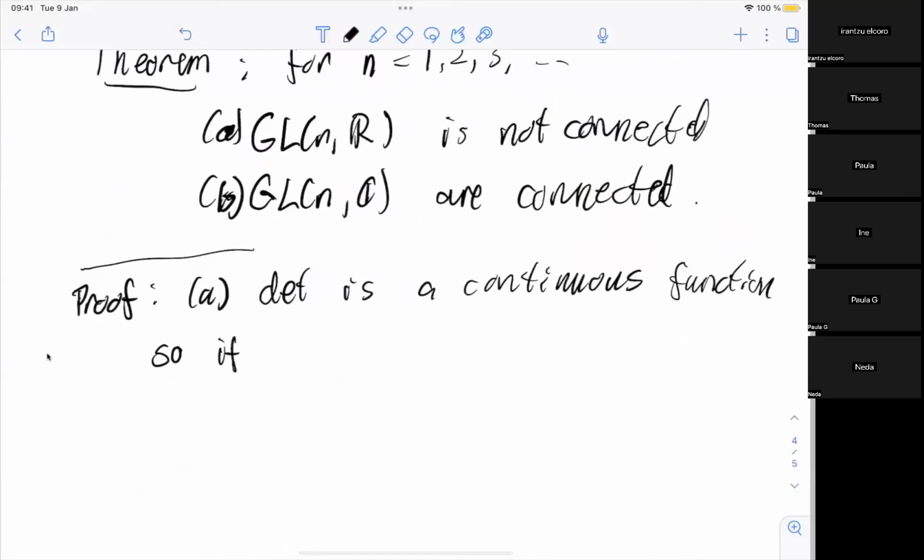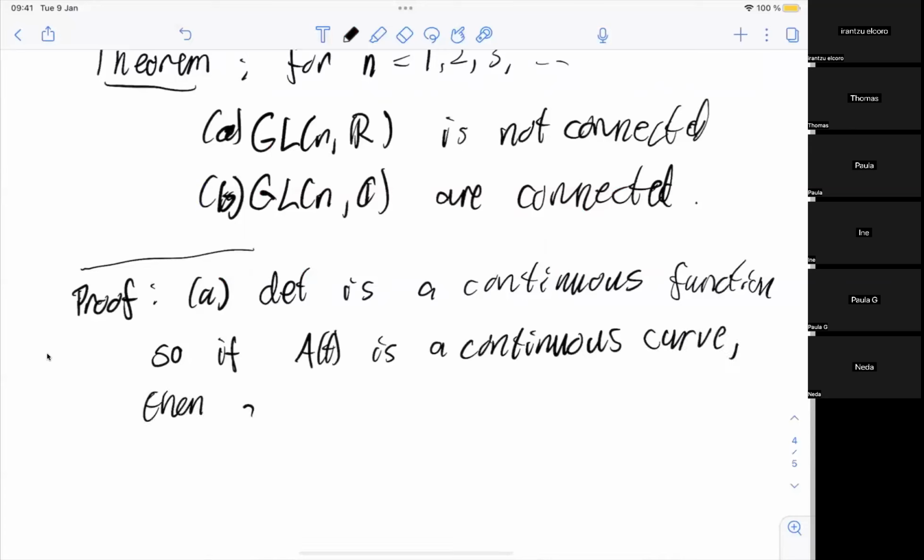So if A of t is a continuous curve, then the determinant of A of t is also continuous.